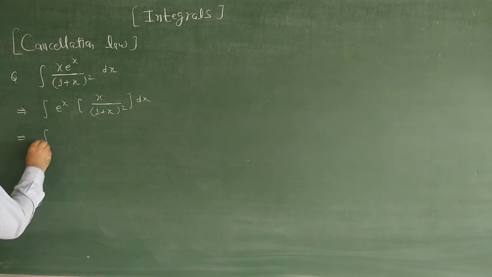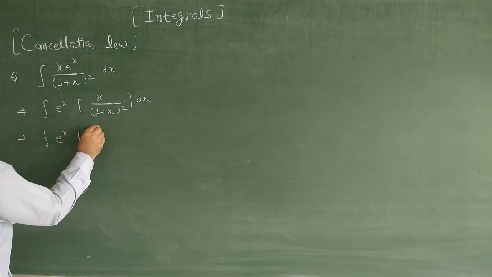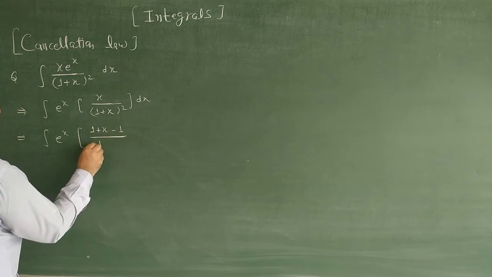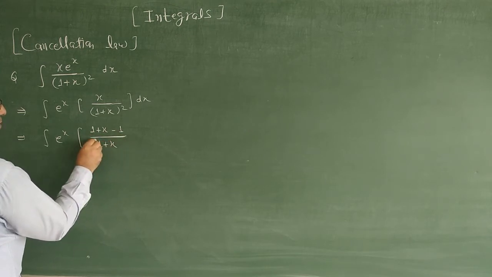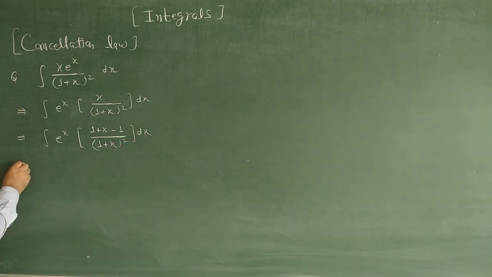Now the integral of e to the power x, this can be written as 1 plus x minus 1 upon 1 plus x whole square dx.